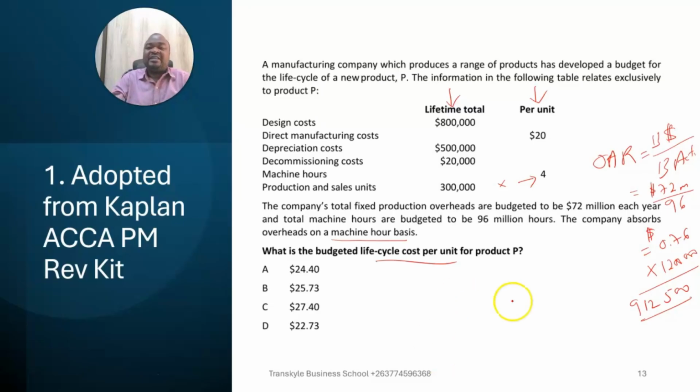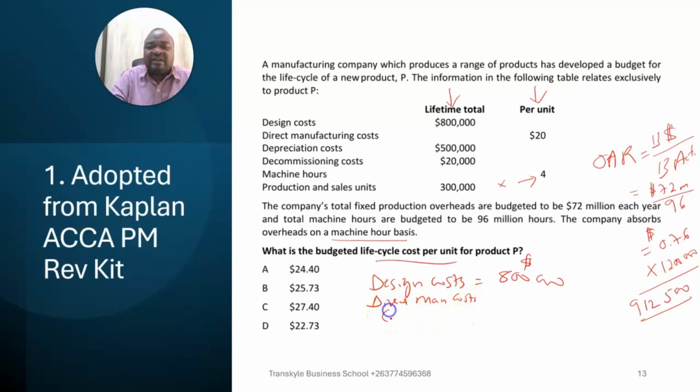So we can then safely say, let us now list all the costs in this question. We just have to follow the way the examiner has presented his information so that we won't miss anything. We start with the design costs. These ones are given in total, so we just slot in the figure as it is. Then direct manufacturing costs.